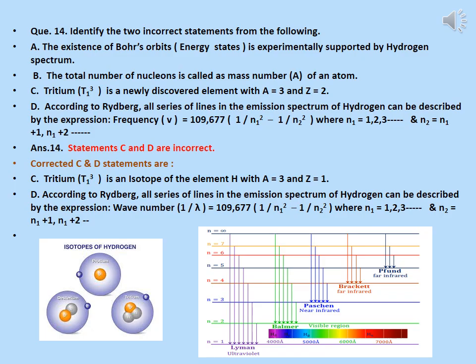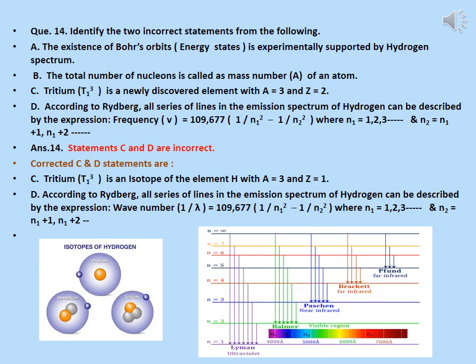B. The total number of nucleons is called the mass number of an atom. C. Tritium 1T3 is a newly discovered element with mass number equal to 3 and Z equal to 2.